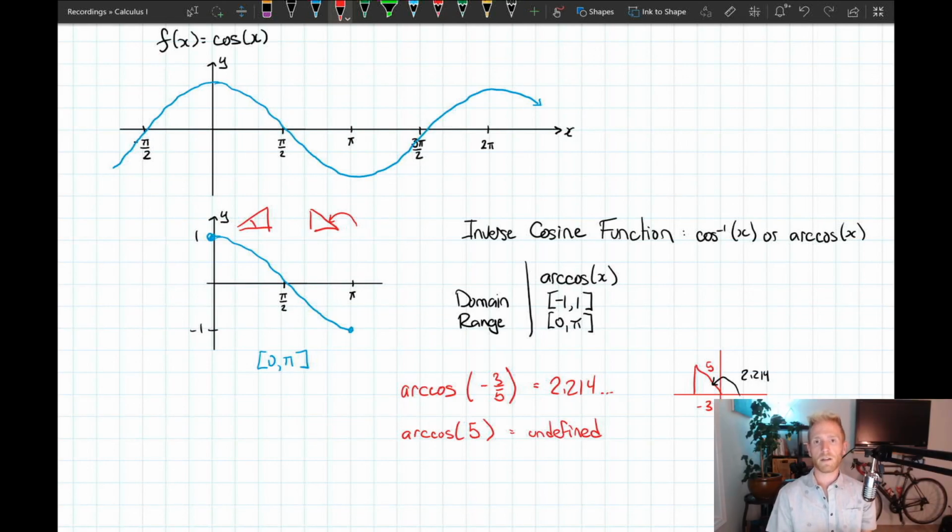Now, while all 6 trigonometric functions, sine, cosine, tangent, cosecant, secant, and cotangent, all have inverse trig functions that go with them, we tend to focus on arcsine, arccosine, and arctangent.